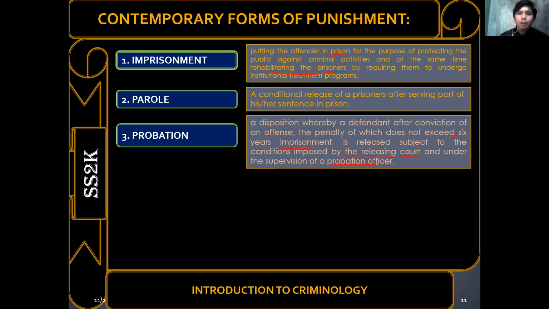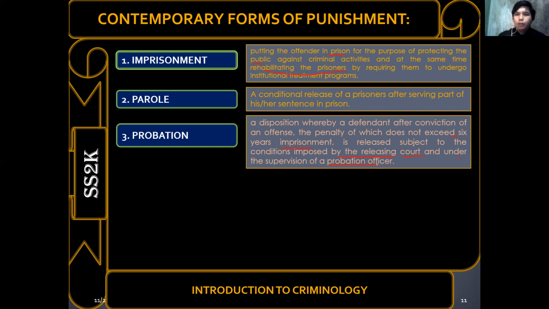Pero yung po pwedeng mga makakuha ng probation, no, ay yung pong mga na-specify under PD 968, no, as amended by 10707. Okay, so we will be able to know those things when we will reach the subject non-institutional correction. Okay, yan.